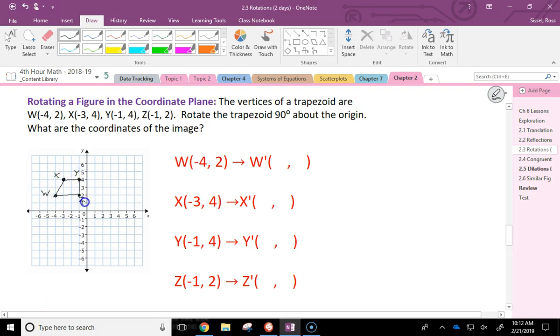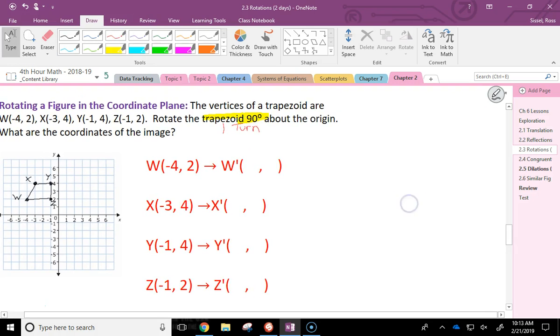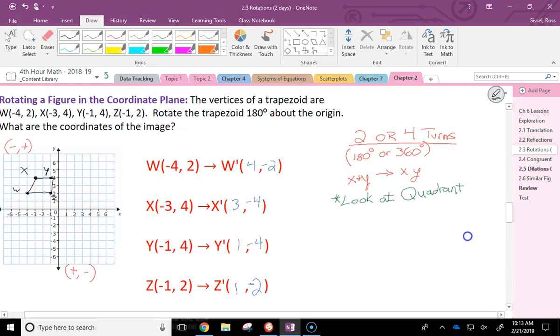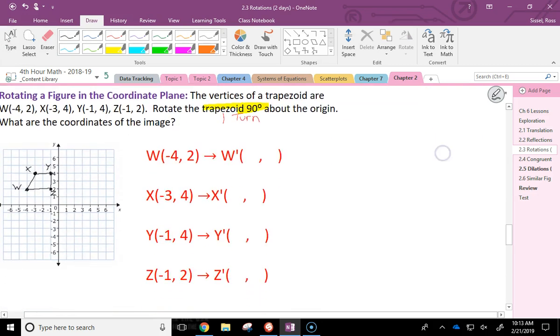Let's look at this. It tells me I'm going to rotate 90 degrees. How many turns is 90 degrees? 1 turn. I'm going to write this note down for you guys. Oops, that's a line. But this is going to match up with this.